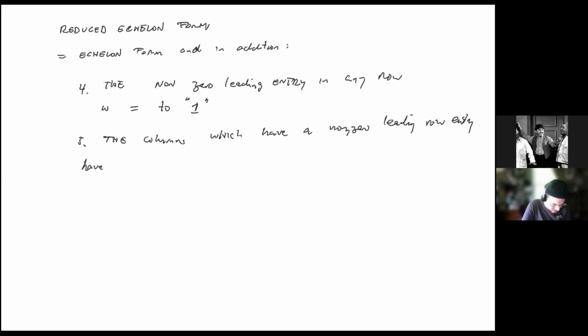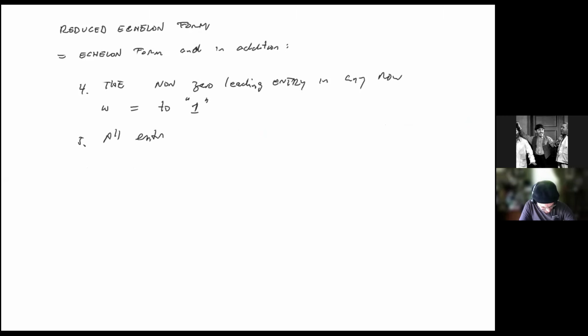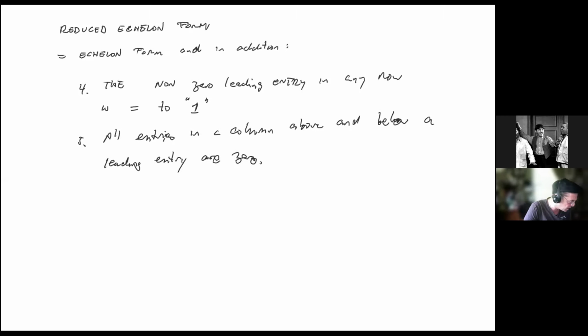Let me restate this. All entries in a column above and below a leading entry are 0. So everything but the leading entry in the column is 0.